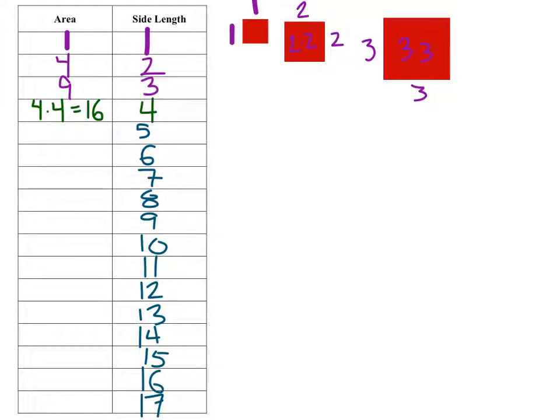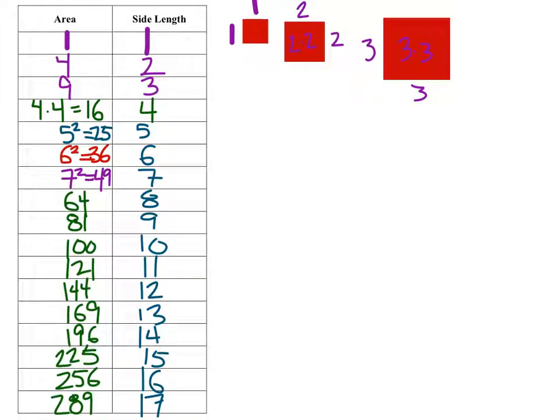If we wanted to write this a little differently, I could do 5 squared, which is 25, and then the next one would be 6 squared, which is 36. And then we'd have 7 squared, which is 49. Even though they said just to do side lengths from 1 to 10, we're doing up to 17 just because we had all those spaces.